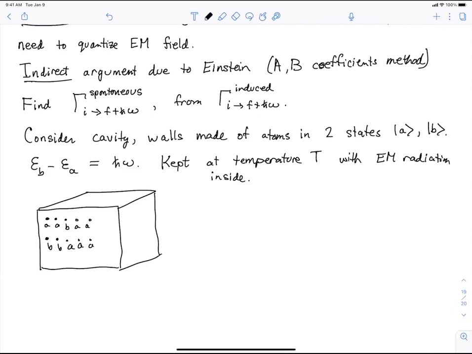Okay, and then buzzing around in the box between atoms are a bunch of photons, like so. And this is supposed to be an equilibrium because we've kept the temperature constant. And so all the time you're having transitions going on that are A plus h bar omega goes to B, and B goes to A plus h bar omega.